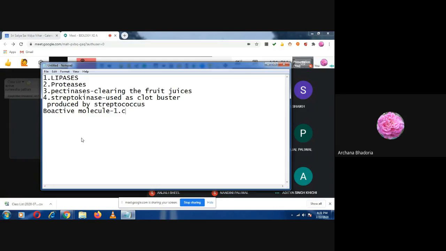It is cyclosporin A. Now, what is the use of the cyclosporin? It is very, very important in the medical science, used as immunosuppressant.